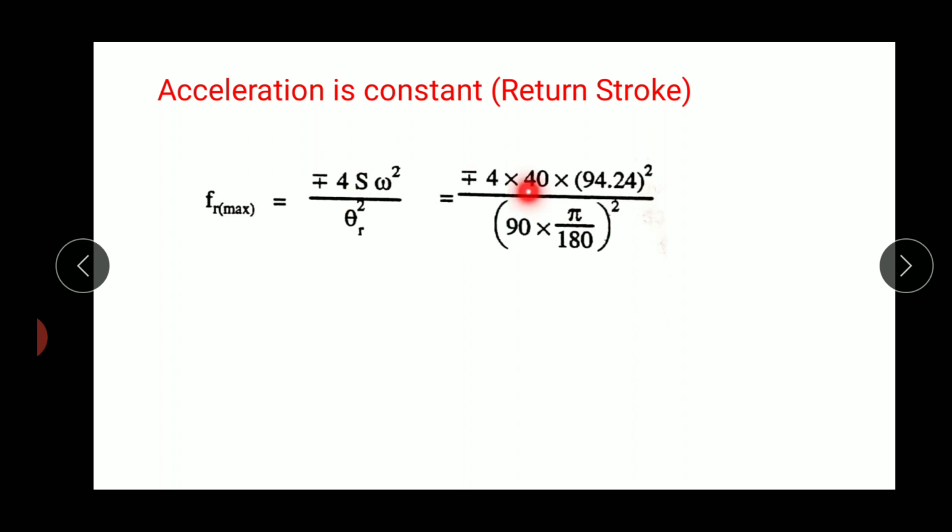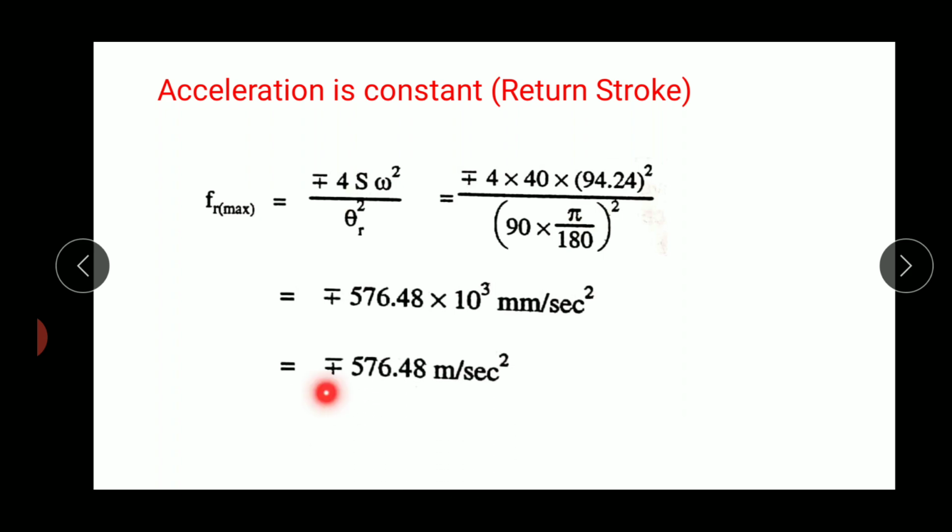So for s is 40 mm, omega 94.24, theta r is 90 degrees, and to convert it into radians, multiply by pi by 180 and its whole square. So the acceleration during return stroke comes as minus plus 576.48 into 10 raised to 3 mm per second square. Let's convert it into meter per second square. So minus plus 576.48 meter per second square.